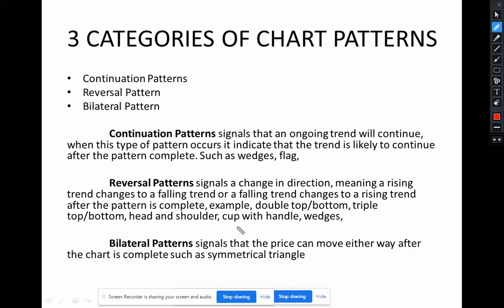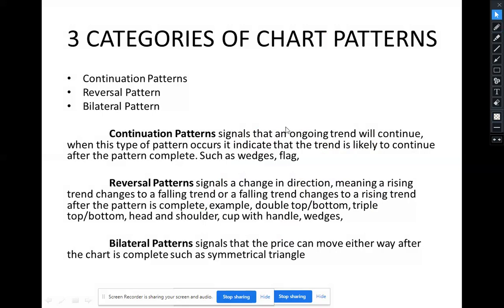It can break down, it can break up, and reverse. Even like a continuation, the price will be moving upward and still continue. But bilateral might mean moving upward, forming the pattern, and then reversing. Or we might be confused whether it is a reversal or continuation. So anything can happen with this pattern.